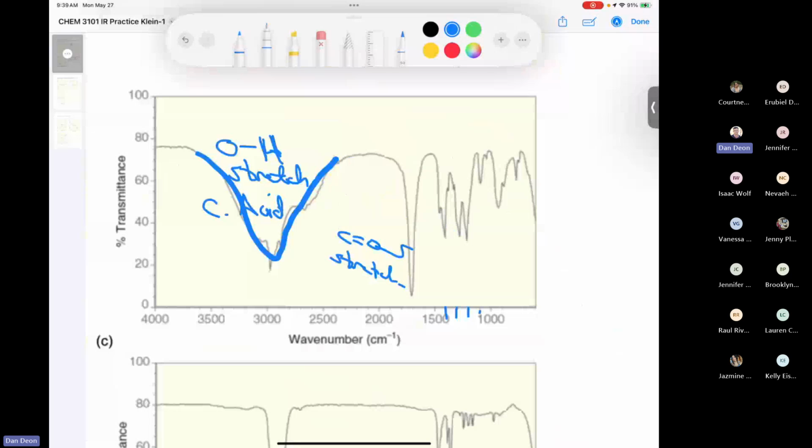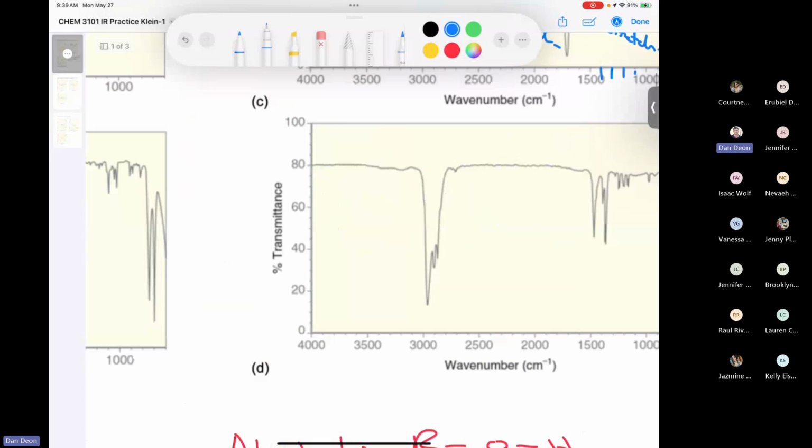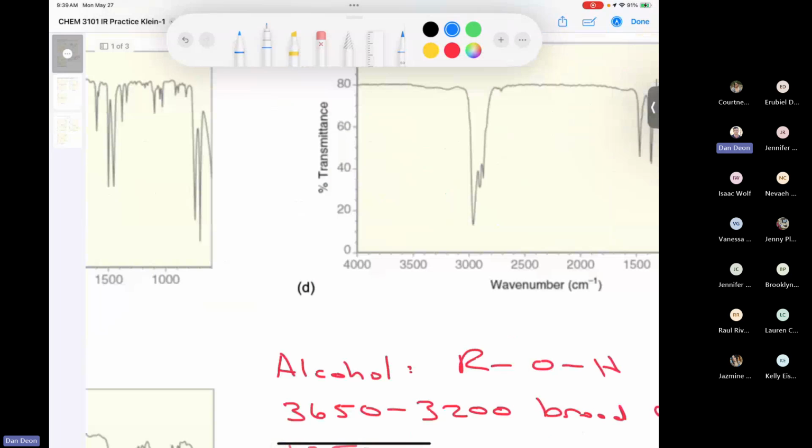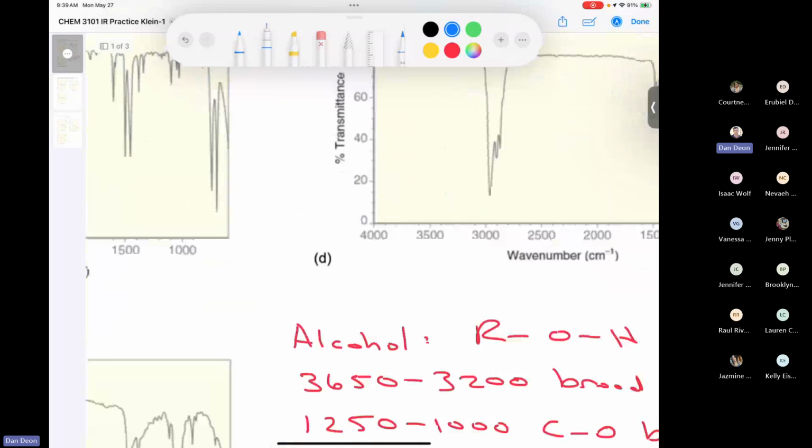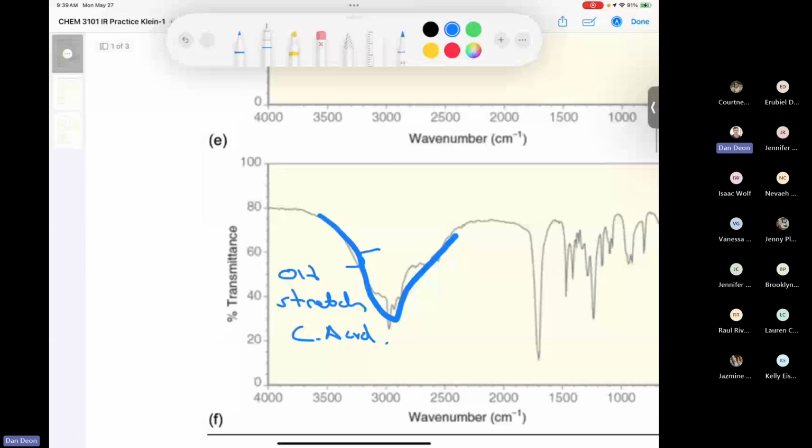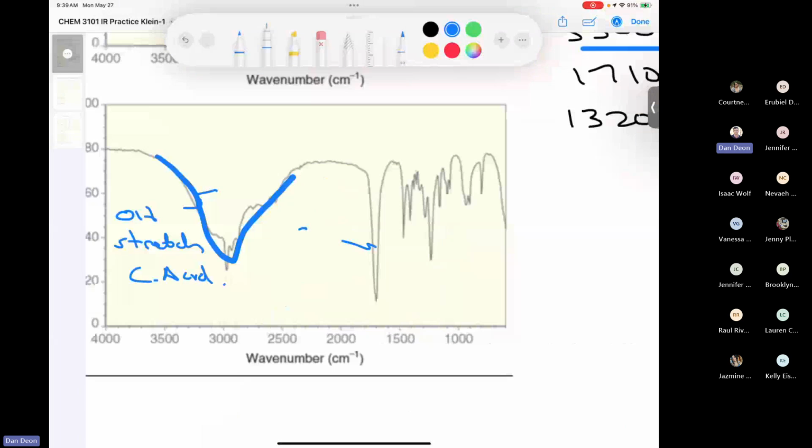You could even circle both of these and just say one of these must be the carbon oxygen stretch. And that's close enough for annotating our spectrum. If we go over to the other one, which was down here, this one's a little more abundantly clear. This is our carbonyl stretch. And the only one that's pronounced down here would be this one. So this would be the carbon oxygen stretch. So those are for our two carboxylic acids.